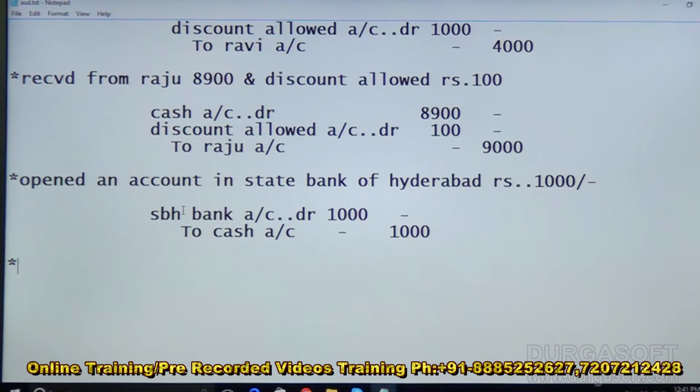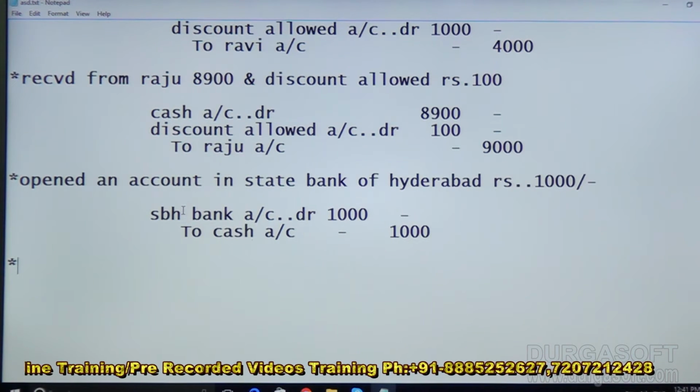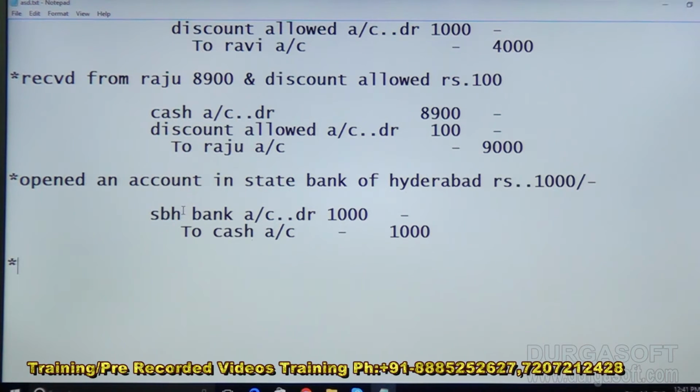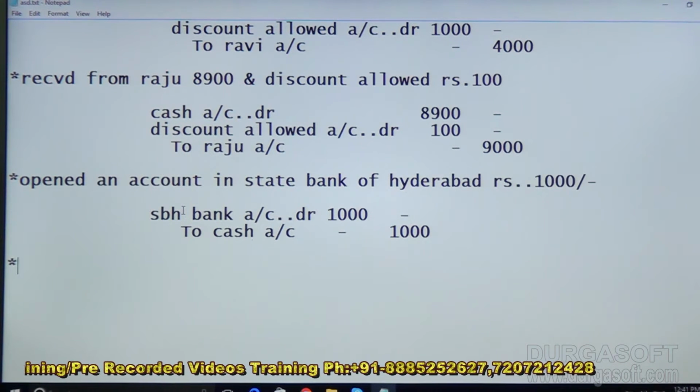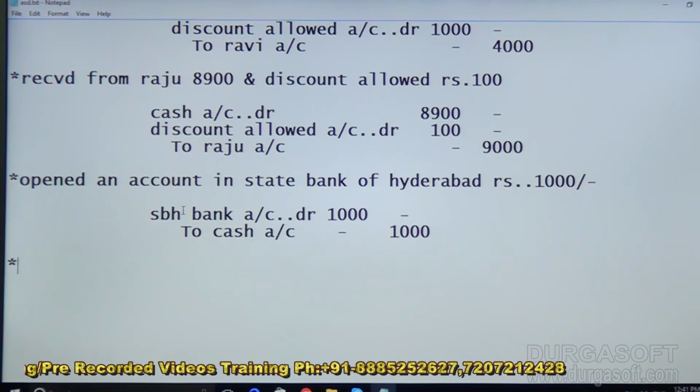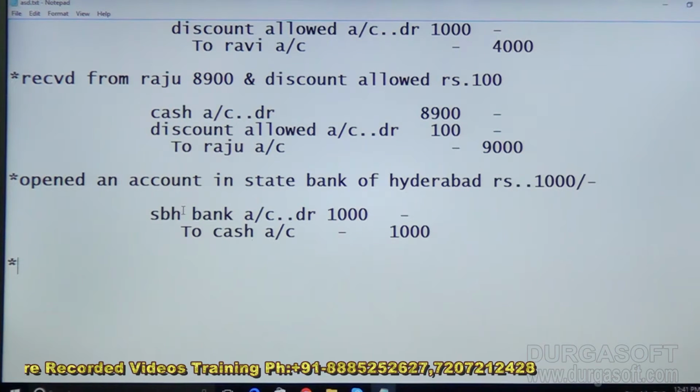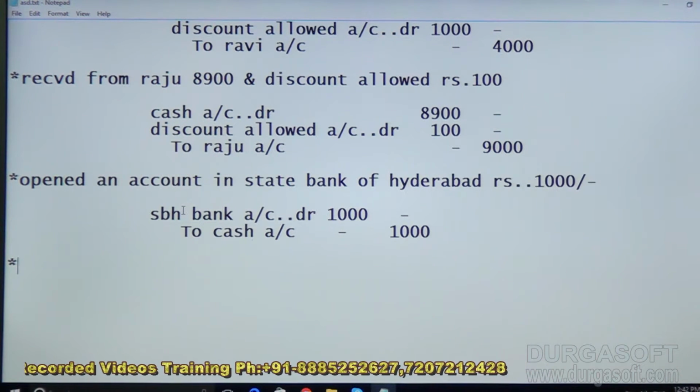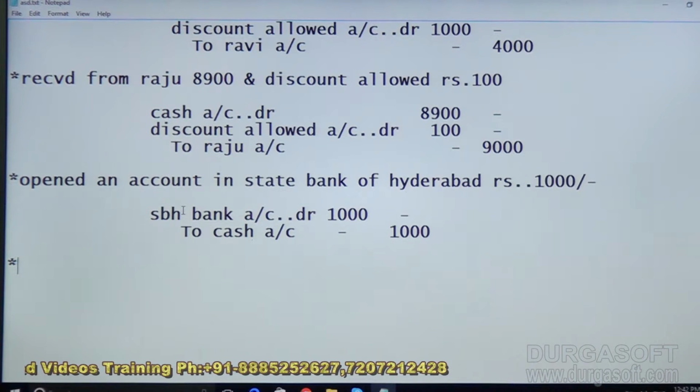At that time what entry do we need to mention? On a discount basis we can easily identify it, but here we do not mention discount allowed. If it is damage, or if you have lost something through cracking or whatever it may be, but you still want to purchase that product, what is the entry?